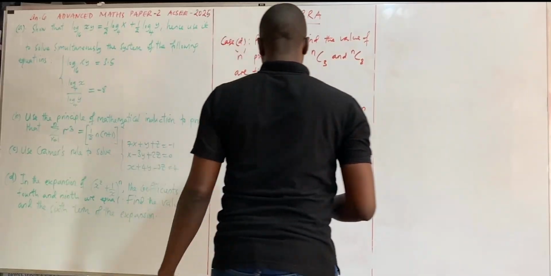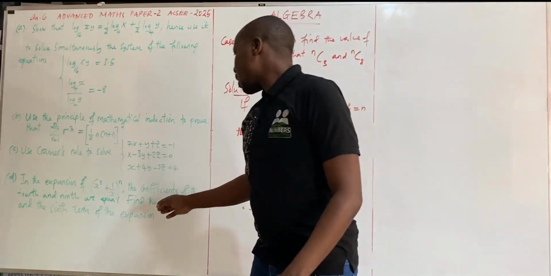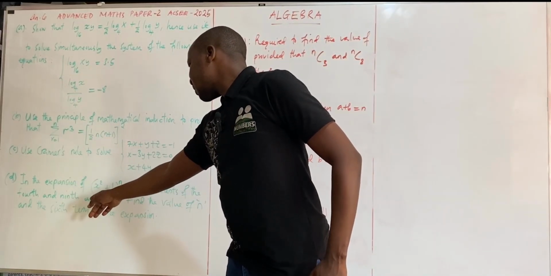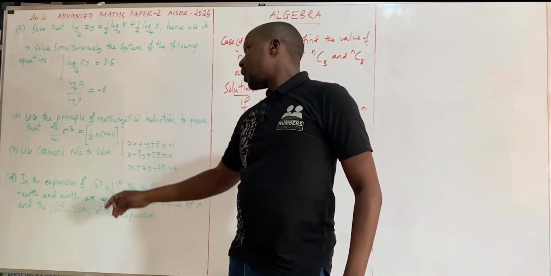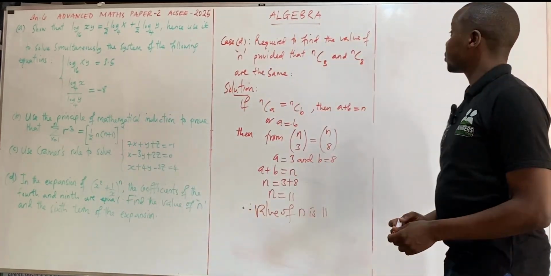Now, to obtain the sixth term of the expansion, we need to go for the binomial expansion.